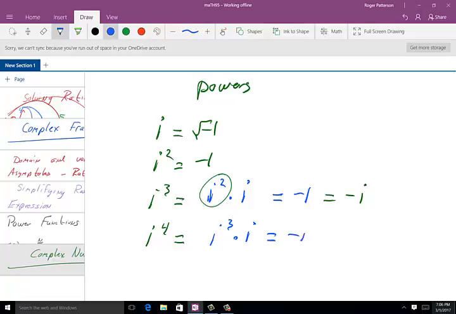Negative i. Negative i times i is negative i squared, but i squared is negative 1, which means that i to the fourth is equal to 1.